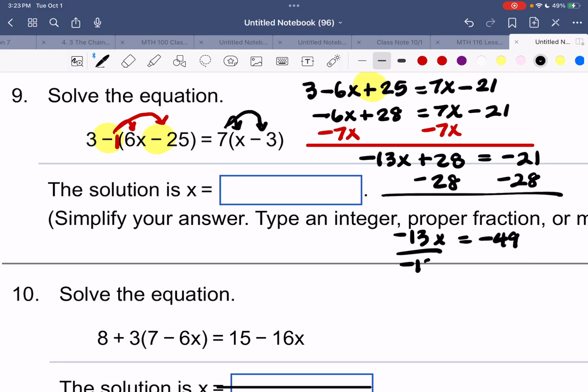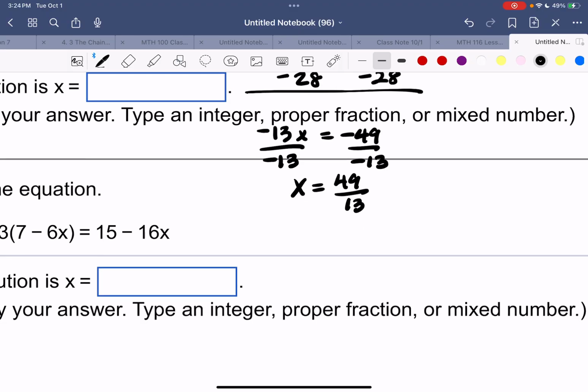You got to divide by that coefficient, negative 13. Negative divided by negative is a positive. 49 over 13. And again, they don't want that improper fraction. They want us to take 13 into 49. Let's see, I believe it'll go 4 times. Nope, it won't go 4 times, sorry.